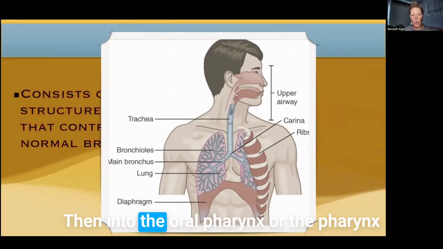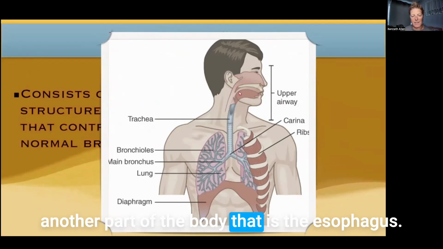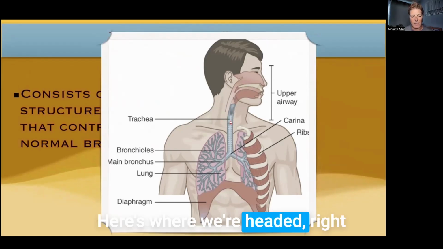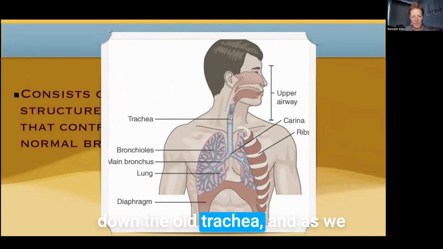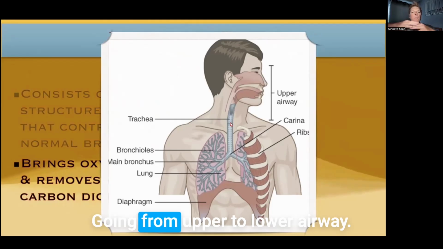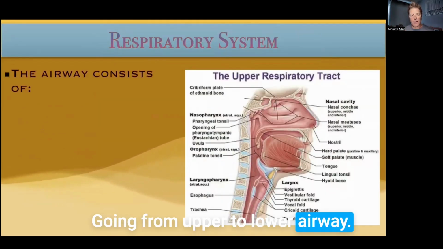Then into the oral pharynx or the pharynx proper. You notice there's a hole that goes to another part of the body. That is the esophagus. We'll get to that later. Here's where we're headed. Right down the old trachea. And as we get past the voice box, we are then going from upper to lower airway.